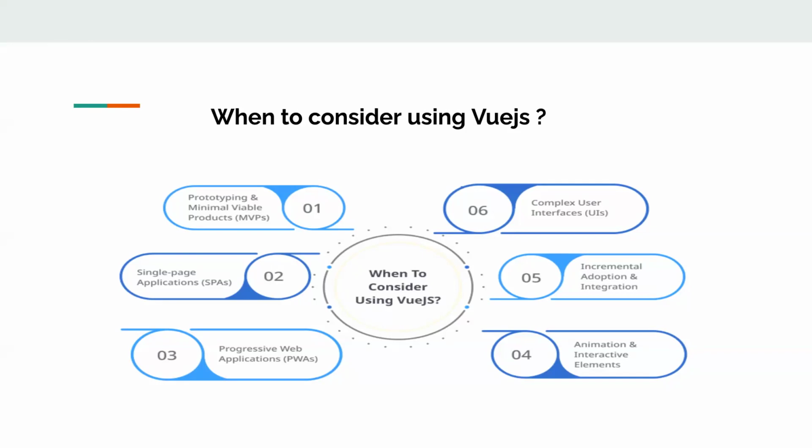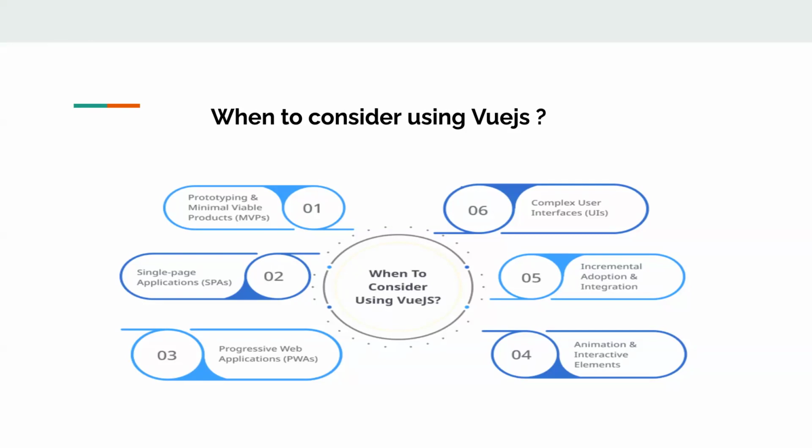And the sixth one is complex user interfaces. That means if you have any complex user interface, the coding will be very easy to do in Vue.js. So it is very easy for a developer to create a project in Vue.js.